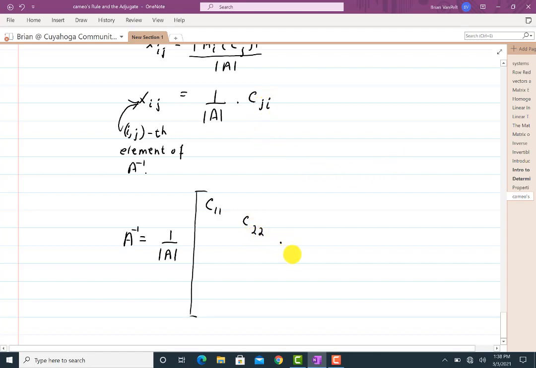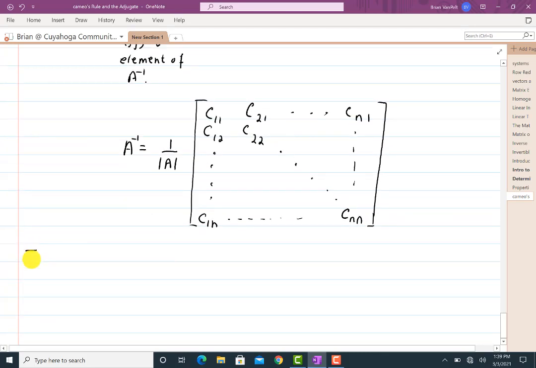The things along the main diagonal, of course, the I and the J are the same, so we don't have to worry about those. But I don't go C12, I go C21. C12 over here. So everything is opposite our conventions here. See that? So everything else, basically the transpose is actually what it is.